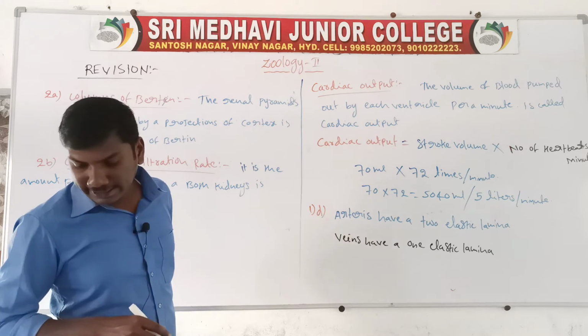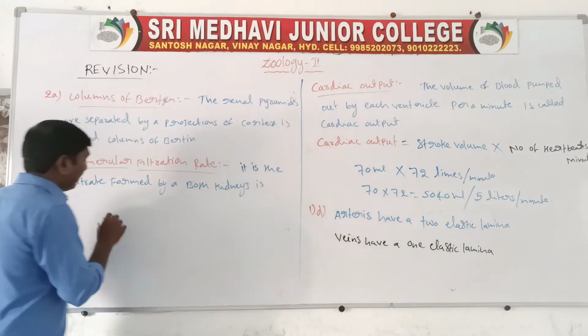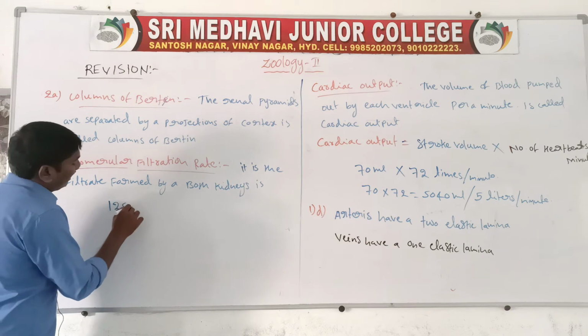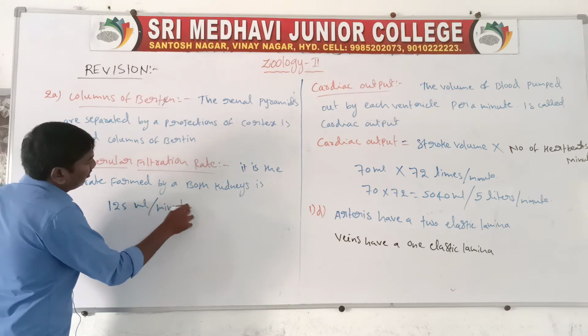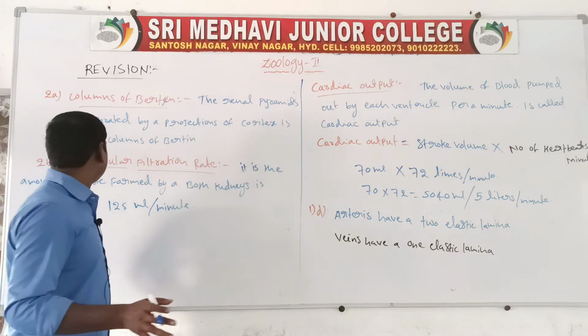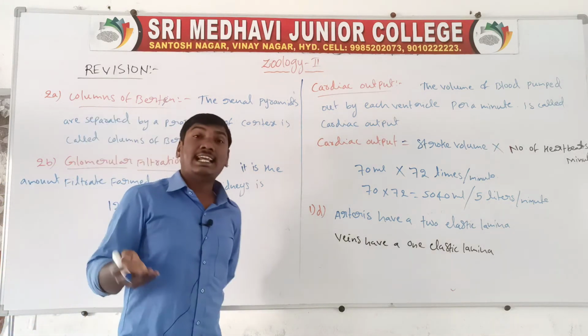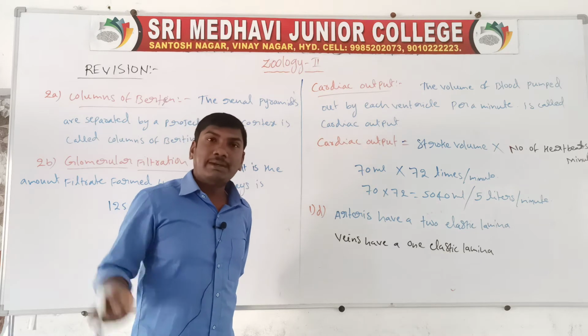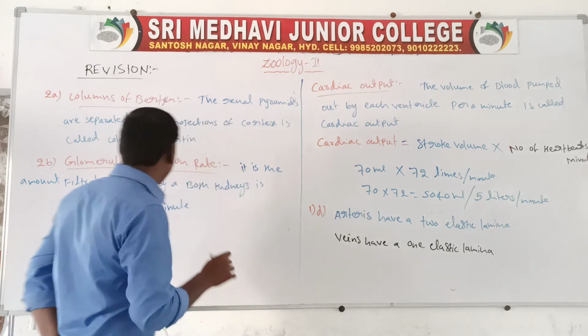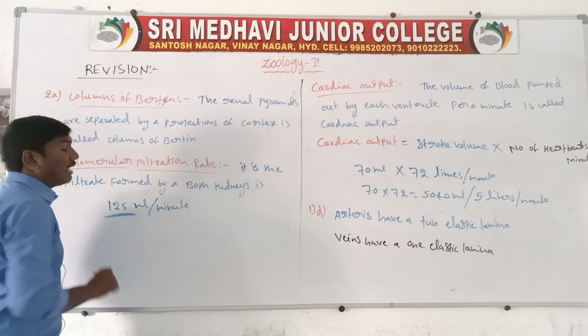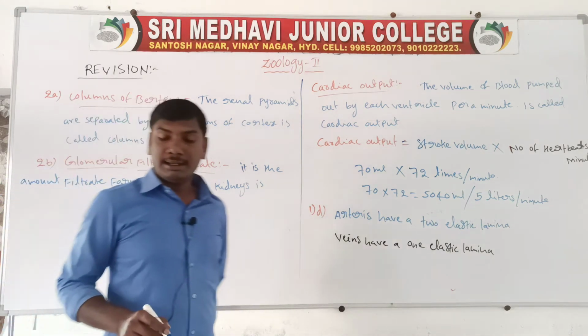The amount is 125 ml per minute. So glomerular filtration rate is the amount of filtrate formed by both kidneys, 125 ml per minute.